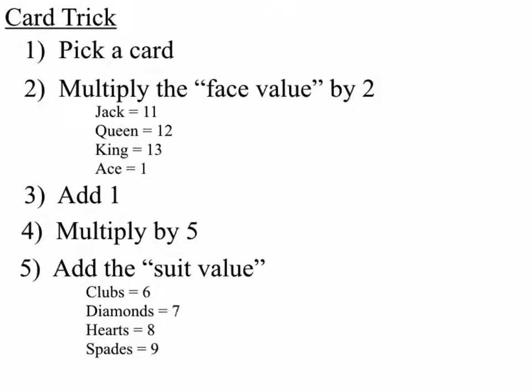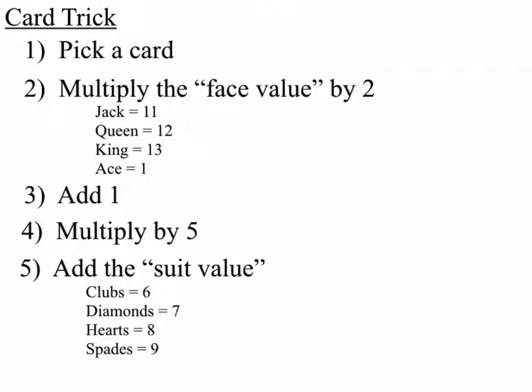Well, if they're each worth a 10, how do you decide the difference between a 10 and a jack or a queen or a king? You wouldn't know. So I'm defining a jack to be an 11, a queen to be worth 12, and a king to be worth 13. And obviously most of you, if you had an ace, would have thought that face value was 1. So take your face value and multiply it by 2.